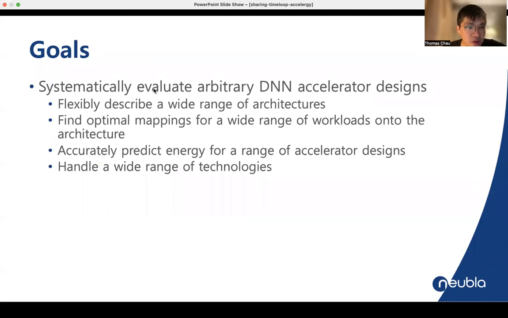So the goal of this paper is to provide an approach to systematically evaluate arbitrary DNN accelerator designs. In particular, the tool should flexibly describe a wide range of architectures so that it can find the optimal mapping for a wide range of workloads onto the target architecture. The model needs to accurately predict energy for a wide range of accelerator designs and also handle a wide range of technologies.